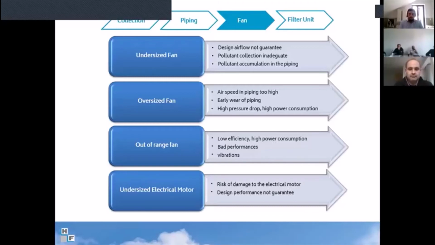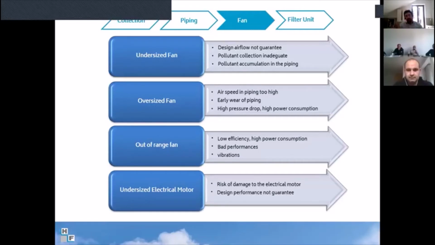So, undersizing a fan, for sure we will not be able to guarantee the design airflow of the filtration system. Probably we will not be able to collect the pollutant in the proper way, and if we design the piping in the right way, but not the same for the blower, we risk the accumulation of the pollutant inside the piping.